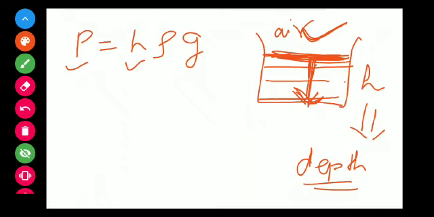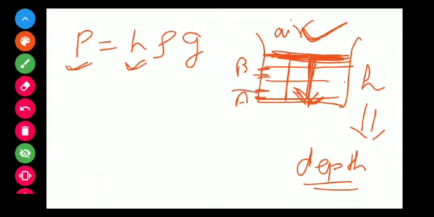So if we make a small hole at this point and a small hole at this point, this is your point A and this is your point B. The depth of A is greater than the depth of B. The greater the depth, the greater the pressure.